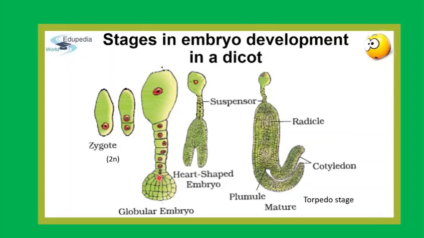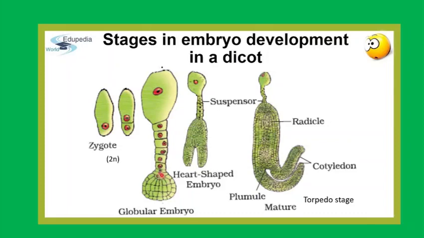This is the basal cell and this is the apical cell. The basal cell has formed the suspensor. Later the apical cell undergoes one vertical division and then a transverse division, first forming a 4-celled embryo, known as the quadrant stage.